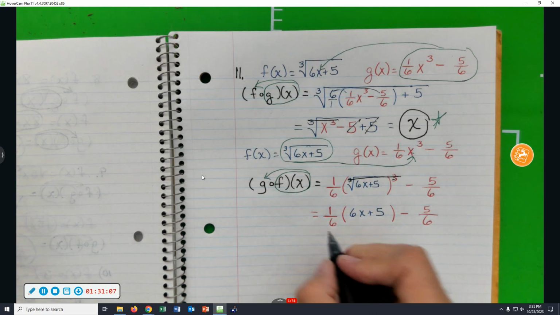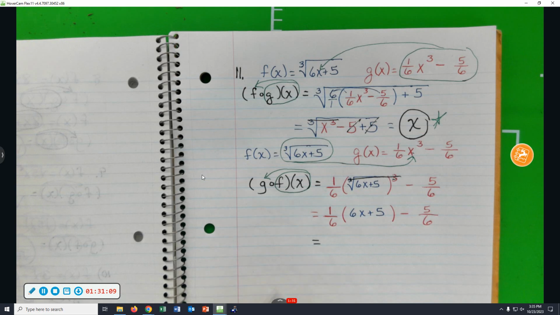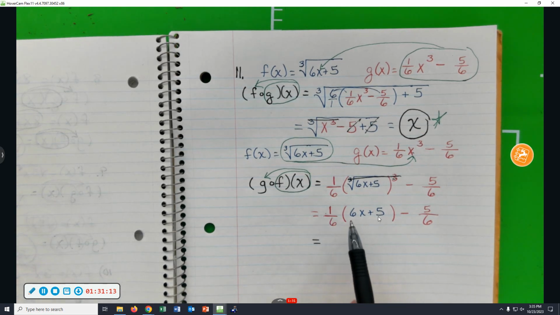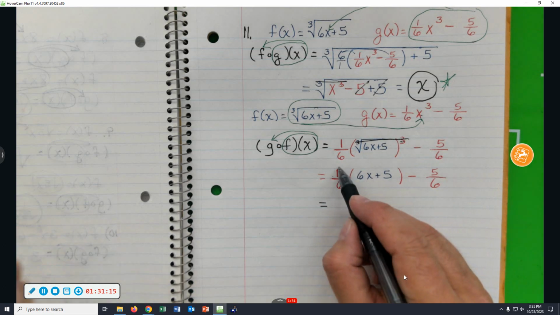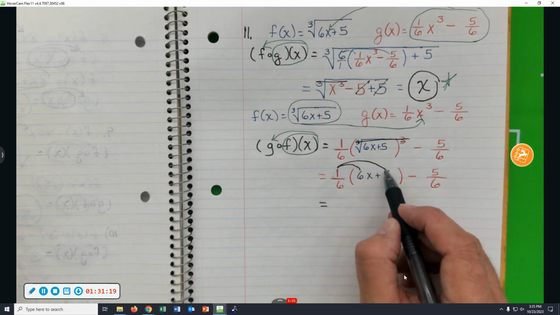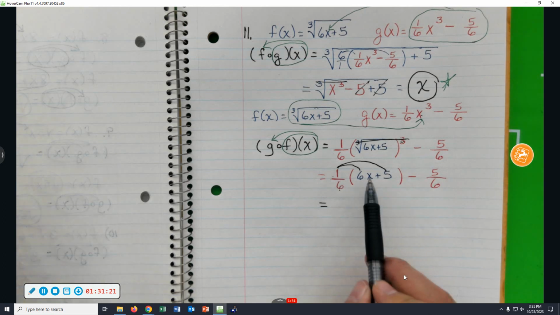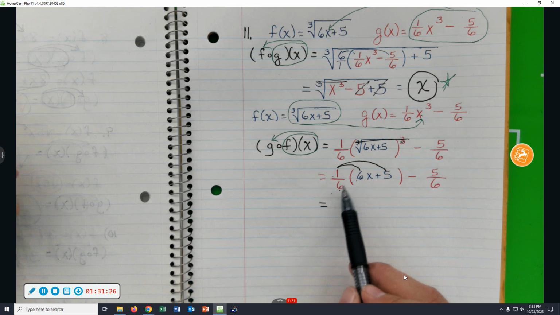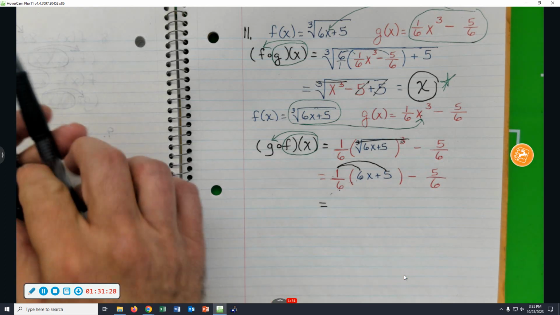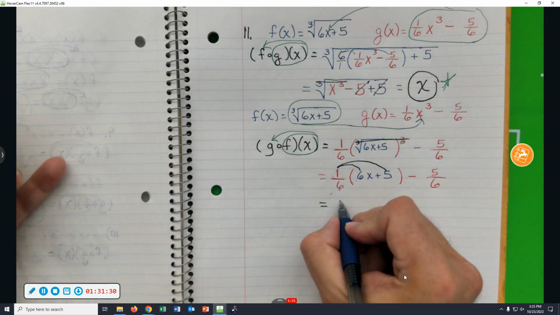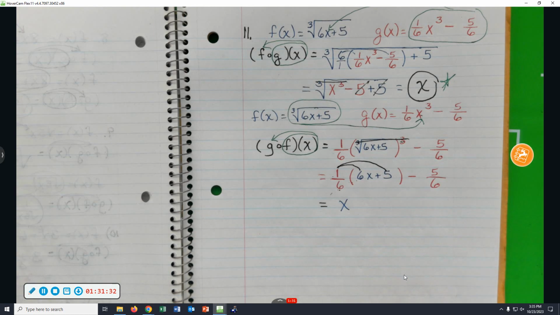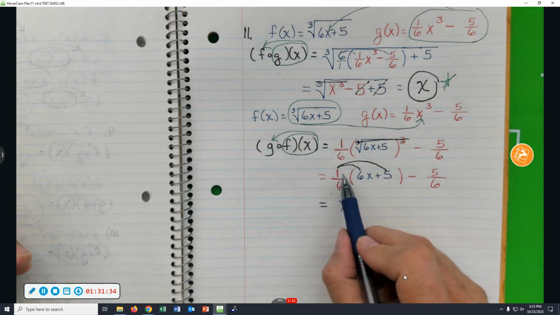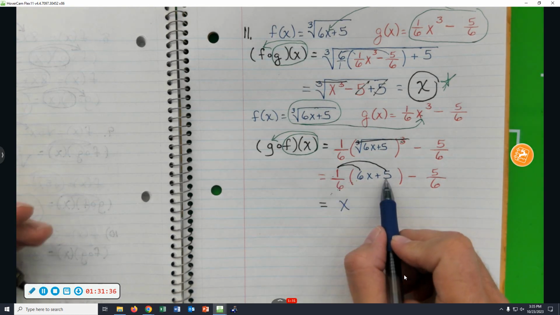And now, what do we have to do with the 1/6 in front of the parentheses? Distribute it. So the 1/6 times 6 cancels out, leaving us just a 1. So we have a 1x, plus, here the 1/6 times 5 doesn't cancel out.